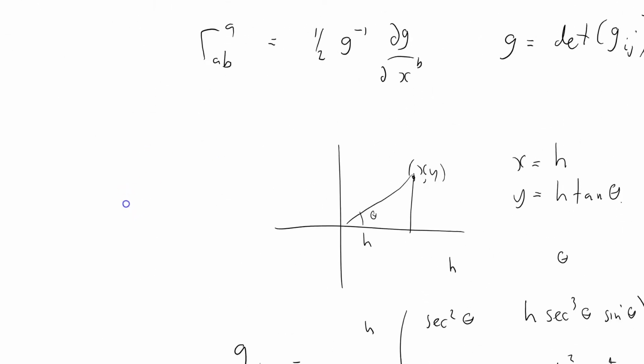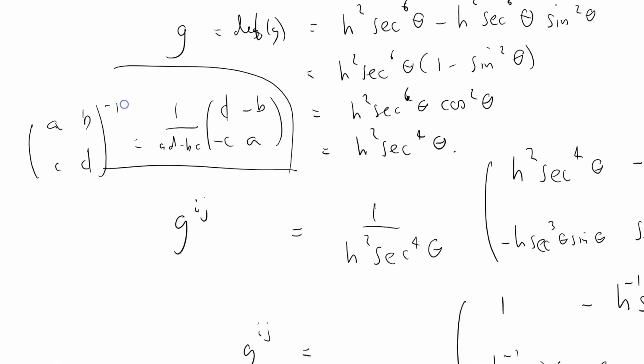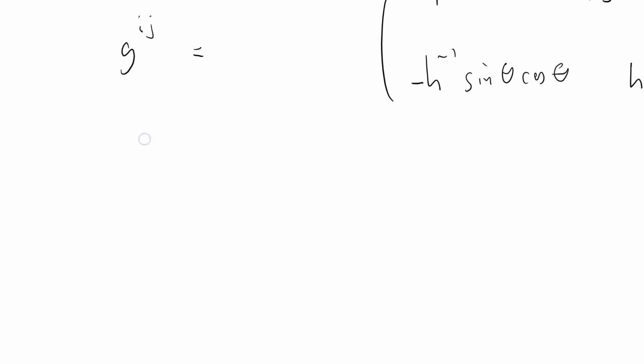Okay, so what I'm going to do is evaluate this term here, not even contracted, I'm just going to evaluate one term of it, just to show you how it works. I'm going to evaluate Christoffel h. Notice that I'm using the letter h as a description of the index itself. I'm not using an i, a j, a k.